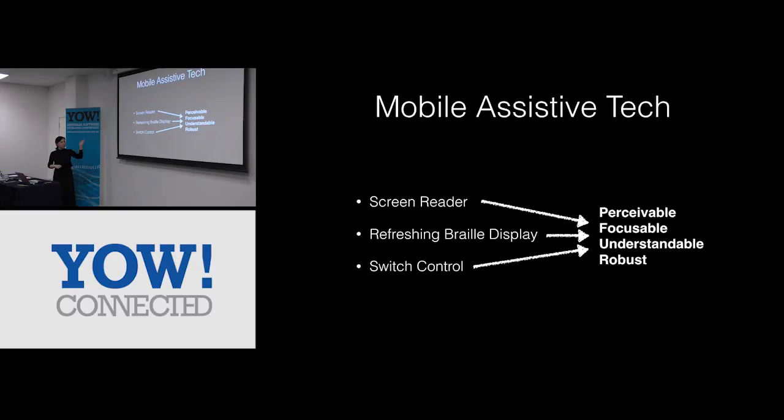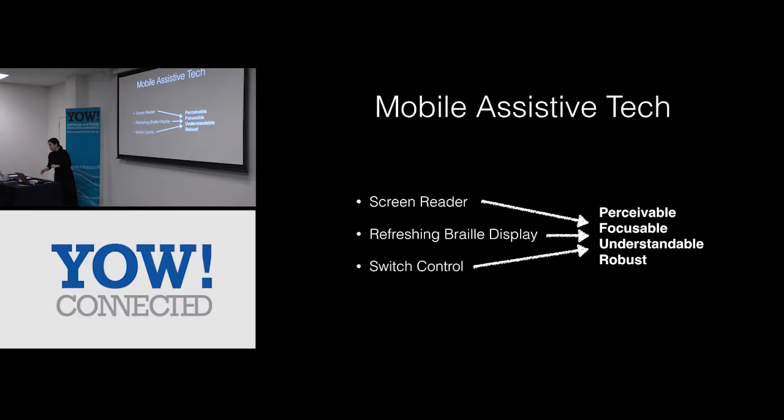And actually, these being 3 different assistive technologies, they all just require the same kind of accessibility to whatever app you're developing. Your app needs to have components that are perceivable, focusable, understandable, and robust. And you'll see what I mean in a moment.